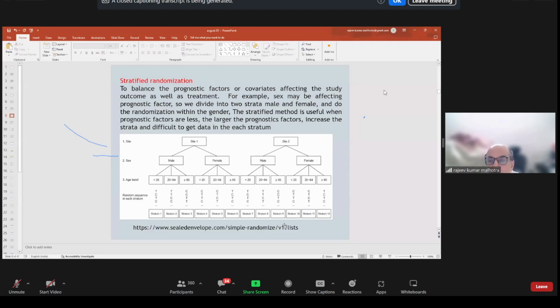In oncology, we found that there are some prognostic factors. Those cannot be adjusted by baseline randomization. In that case, we use a randomization method, or we can adjust these factors during statistical modeling. So I am explaining stratified randomization here.